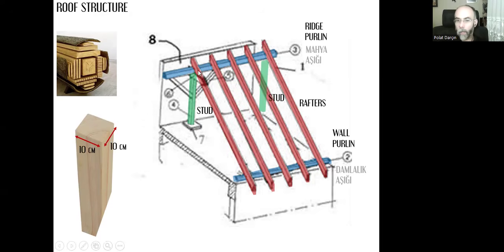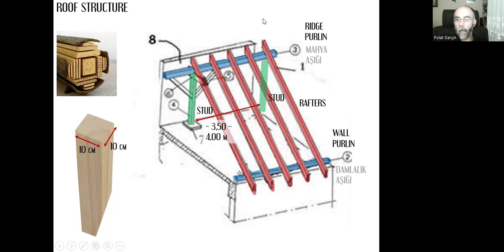It's not important because based on our design, it will obviously be shorter than 3 meters or 4 meters for the maximum limit. But each purlin needs to be supported at least with two studs. And the distance between two studs needs to be maximum 4 meters.